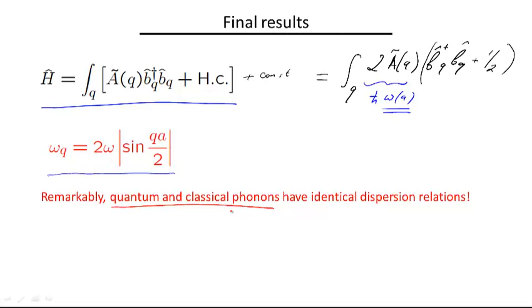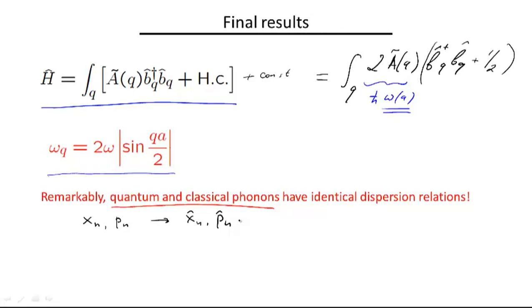In the solution I presented, we did so at the very beginning. We converted the original coordinates and momenta of the atoms into quantum operators, x hat sub n and p hat sub n. And then we went ahead with this quantum calculation, the Bogoliubov transform.